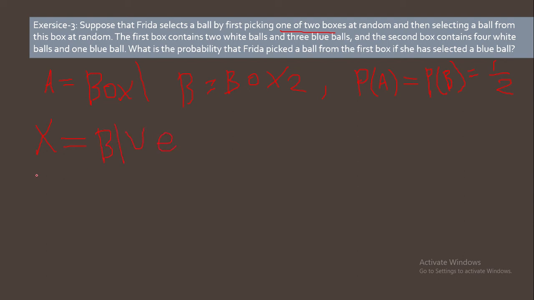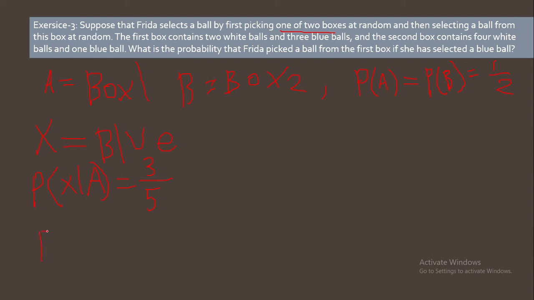So what is the probability of x given that we have selected the box 1? In the first box there are total 5 balls, right? 2 white balls and 3 blue balls. So out of those 5 balls 3 balls are blue. So the probability of selecting a blue ball given that we have selected the box 1 is 3 by 5.